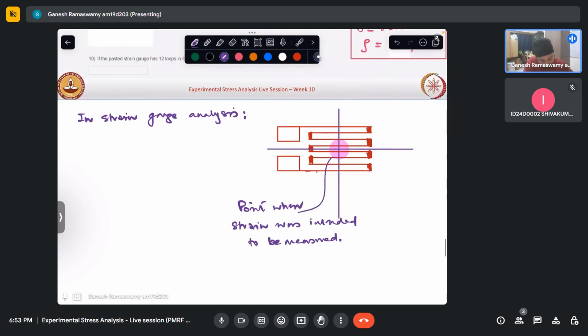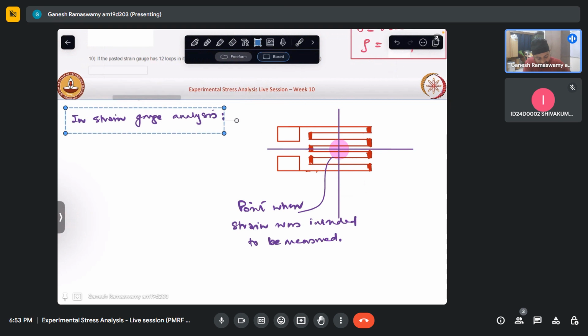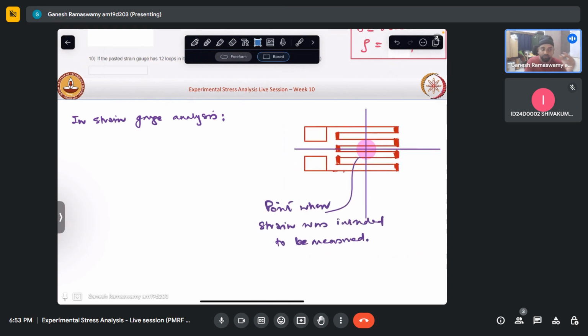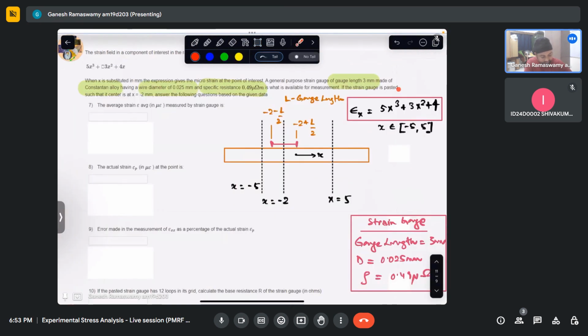Now we go with the assumption that the average strain that is measured doesn't vary so much inside this gauge length of 3 mm, and we get reasonable values. That is the general assumption that we go with. Let us see how far the assumption holds in this case. How can we gauge that? Because in this question particularly, we seem to have an expression for the actual variation of strain, which is stipulated by this function that is given.